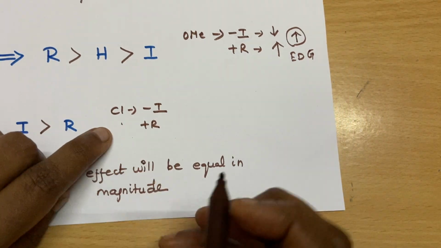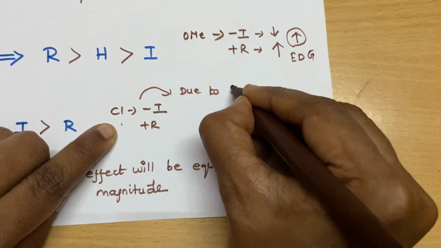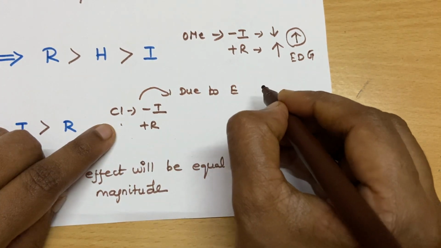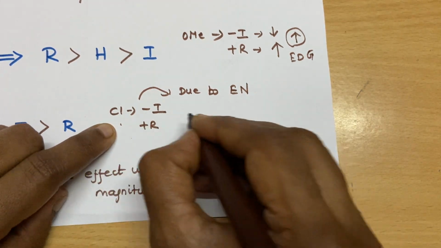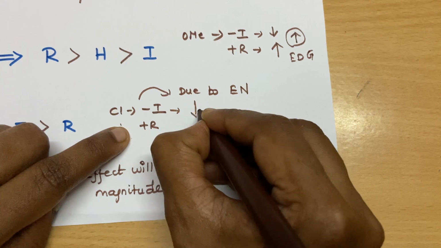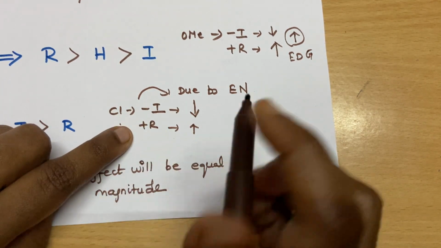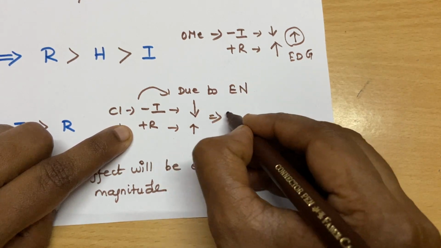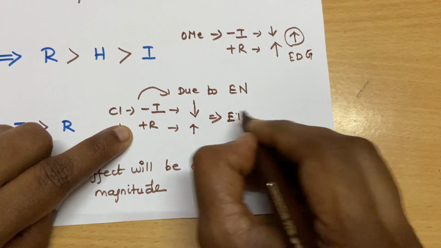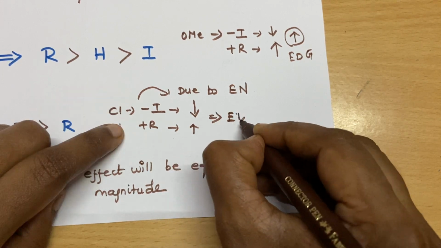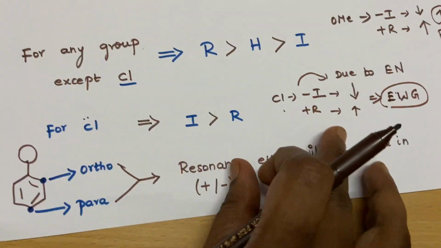But chlorine belongs to the halogen family and has high electronegativity, so the electron density is going to decrease and the inductive effect is going to dominate. These two are in opposite directions, so when you take the net, it is an electron withdrawing group. Please remember this.